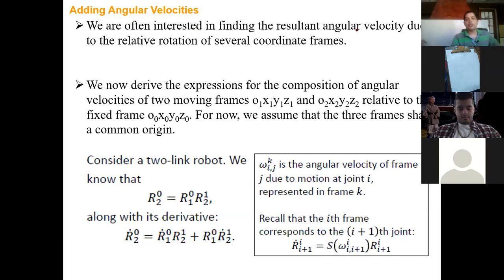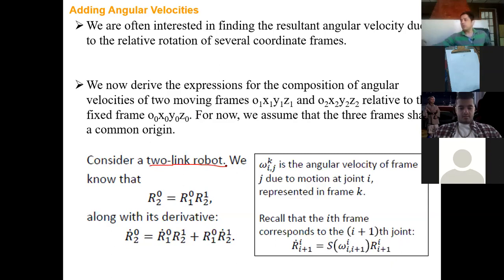You have to be able to add all those angular velocities eventually, and that's how you get the resultant effect at the end. So how do you add the angular velocity? That's what we're going to talk about now. For simplicity, let's begin with a two-link robot.